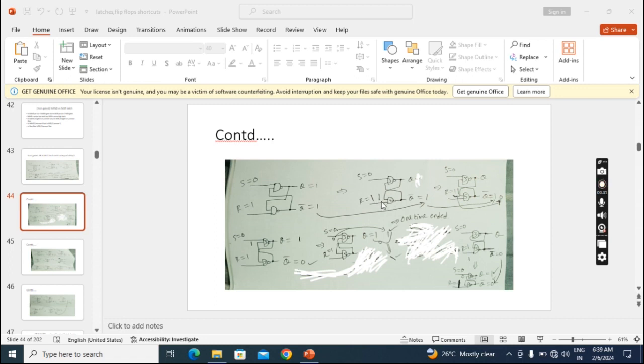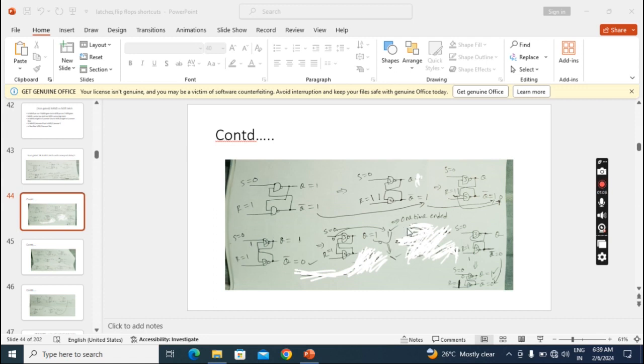What will I get? I will get 0. But Q bar 1 already existed. So now there are two outputs. First I have to feed back this existing output to this gate. So I fed back this existing output 1 to here. Now if any one input is 0, then I will get 1.